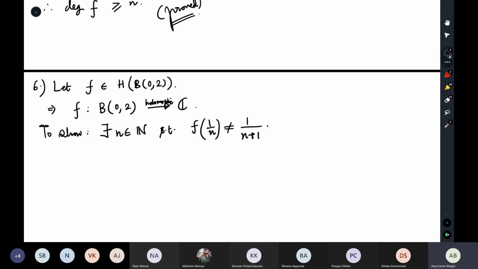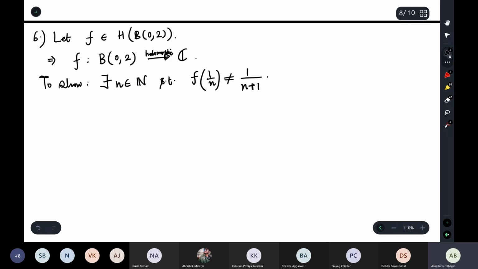So there will be at least one natural number for which this will happen. You have to prove this if f is a holomorphic function. Whenever you see this kind of statement, you definitely have to apply the uniqueness theorem or the identity theorem, which was discussed in the class. So let me start with the solution.